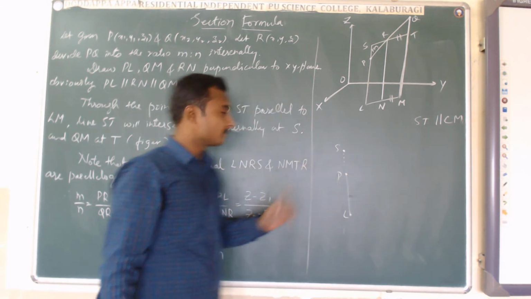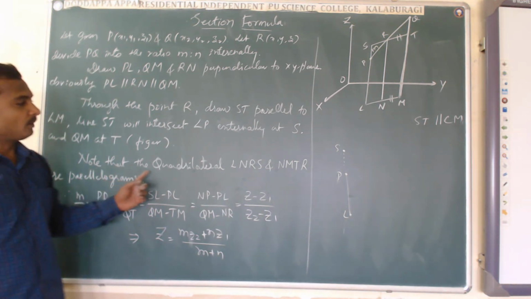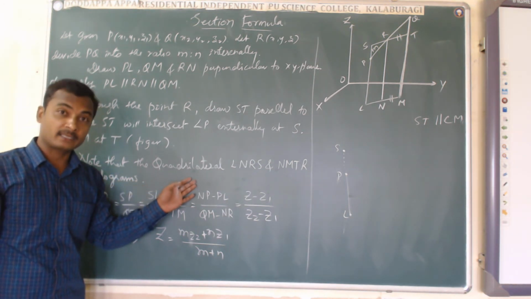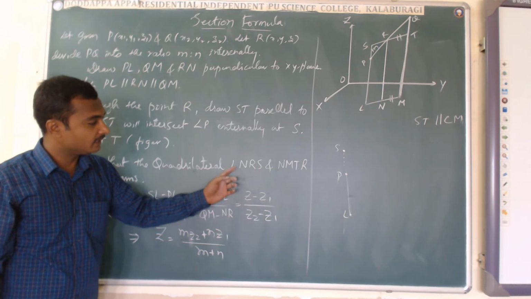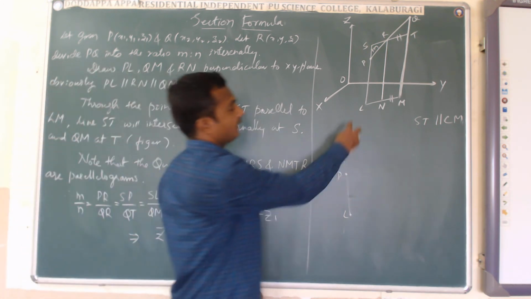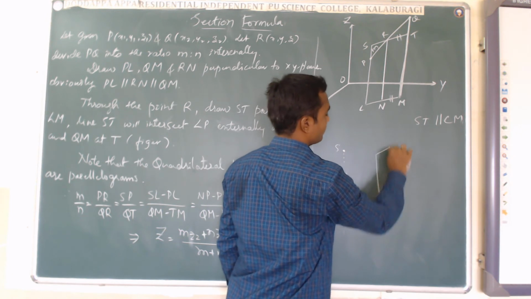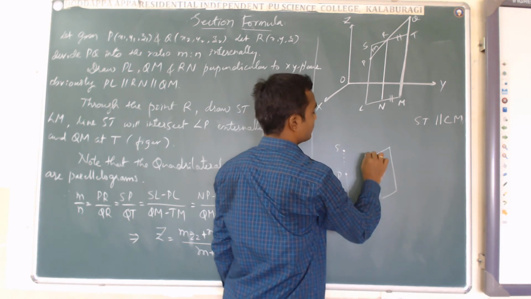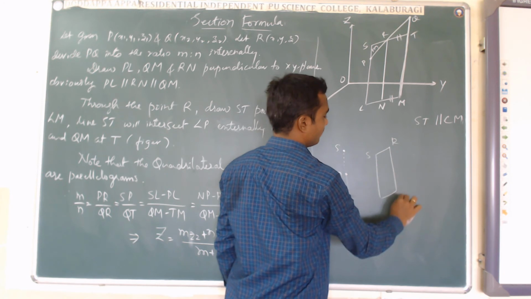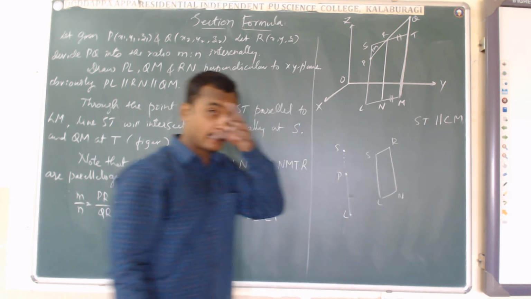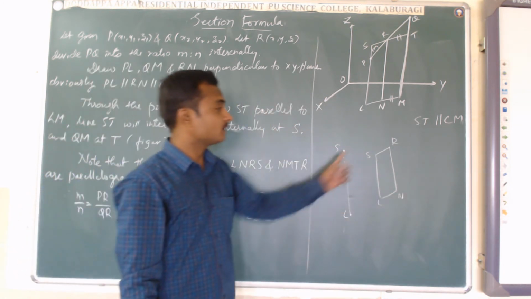Note that this constructs the quadrilateral LNRS. So this is S, R, N and L. So this is a quadrilateral.